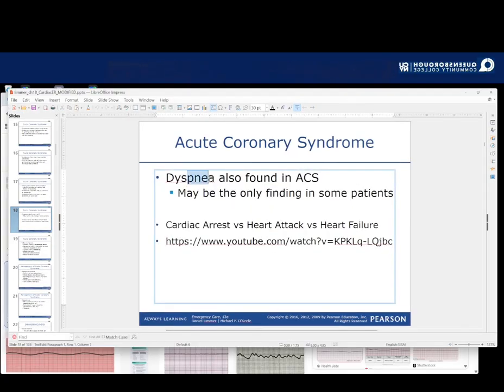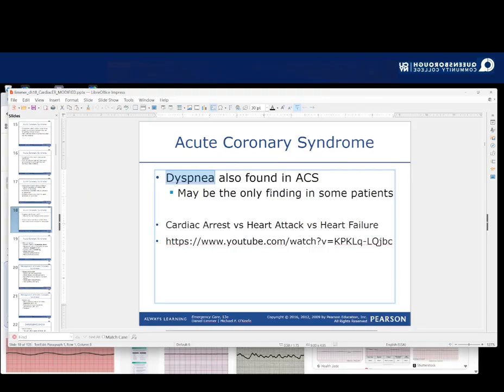Dyspnea, pnea is breathing, and dys is bad, so bad breathing, a feeling like they're having trouble breathing, also found in ACS, and that kind of makes sense, right? If the heart is not doing a good job of pumping blood around, then the body is not getting the oxygen supply it's supposed to be getting, and the body starts complaining to the brain, and the patient reports difficulty breathing.